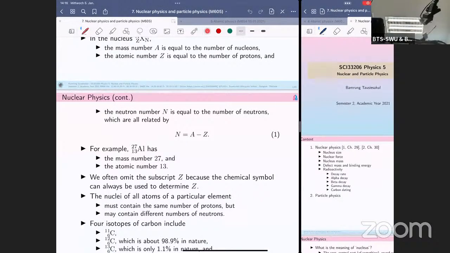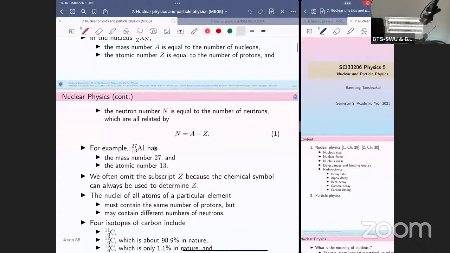If the atomic number changes, the symbol of the element will also change. And you could find the number of neutrons from equation number 1 easily: 27 minus 13 is 14, and that's the number of neutrons in the nucleus of this aluminum.